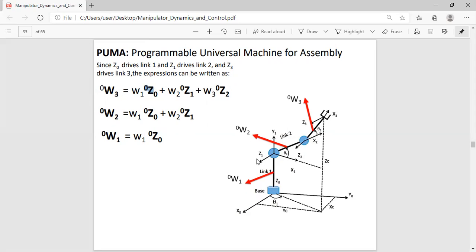So if you do this, you can find the total angular velocity vector on link 3 in the base frame. What is omega 1? Omega 1 is nothing but theta 1 prime, omega 2 is nothing but theta 2 prime, and omega 3 is nothing but theta 3 prime. By adding all these, you will have this omega 3,0.